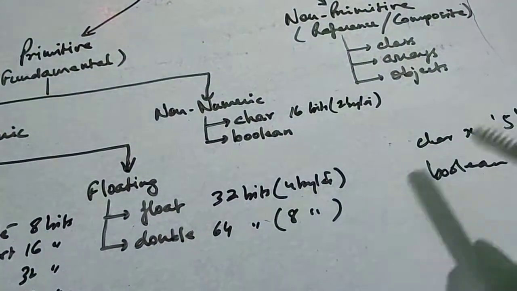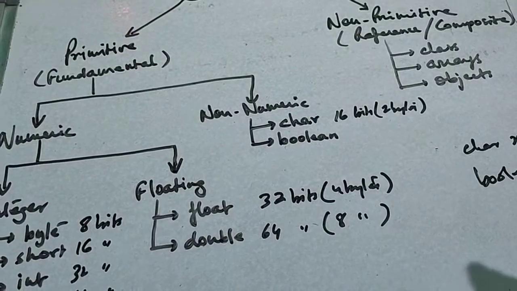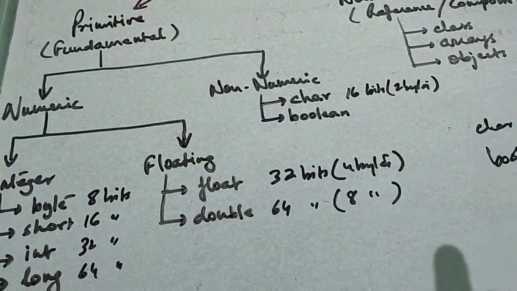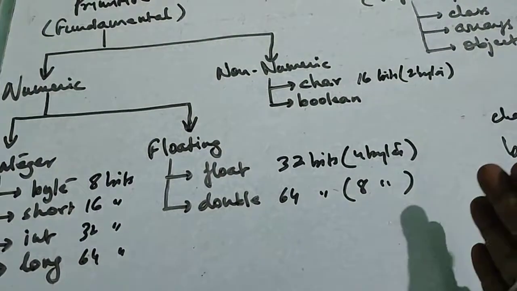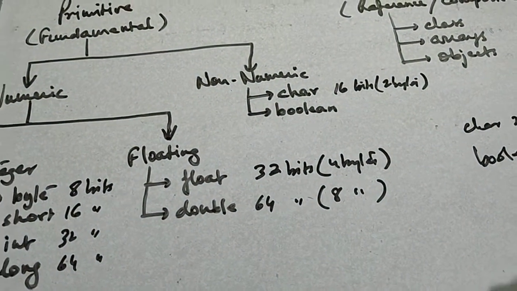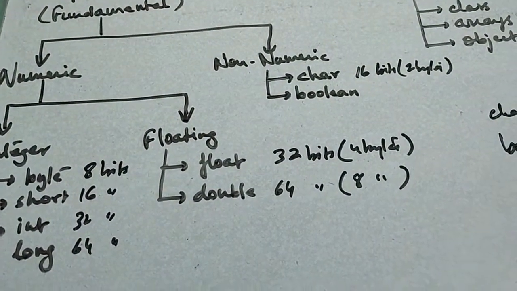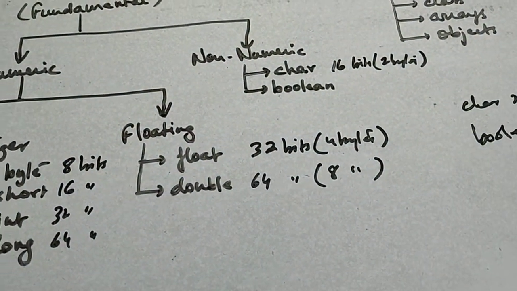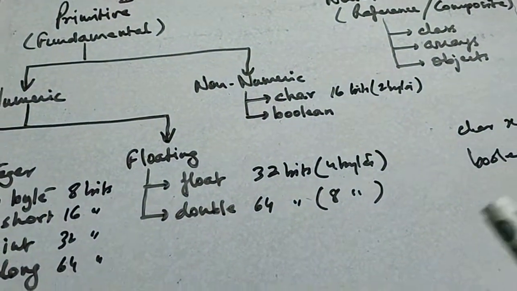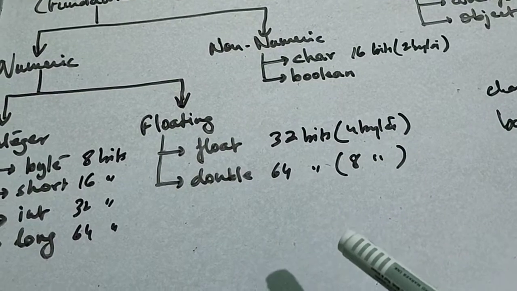Then in that case, the total size will always fluctuate. One class may take an integer only, the other class may take integer and character, and a third class can take double, float, character, int, all those. So their total byte size will always vary. It depends on the constituent members.